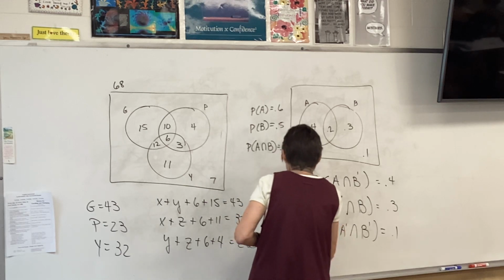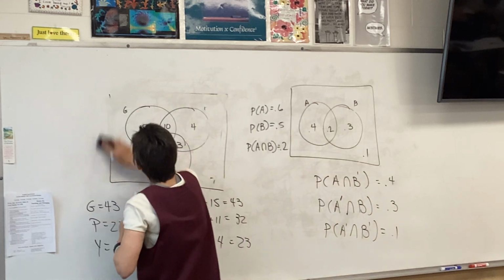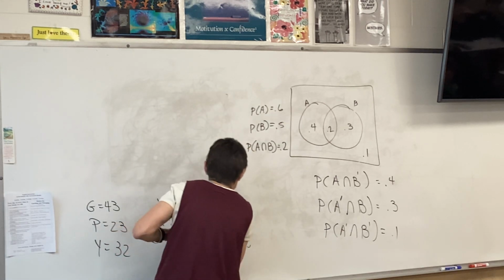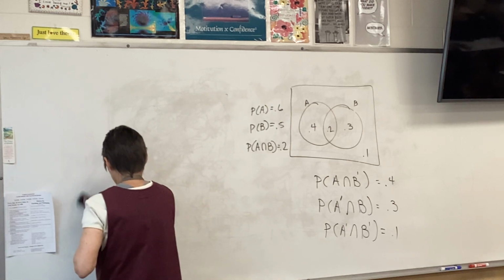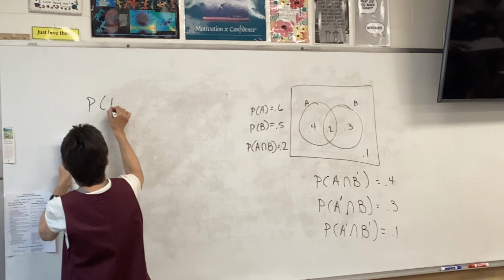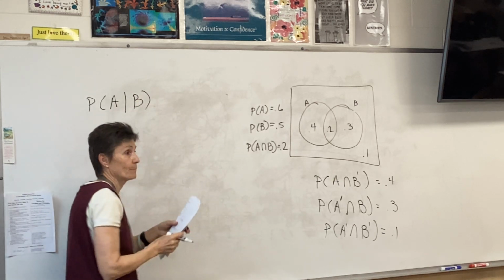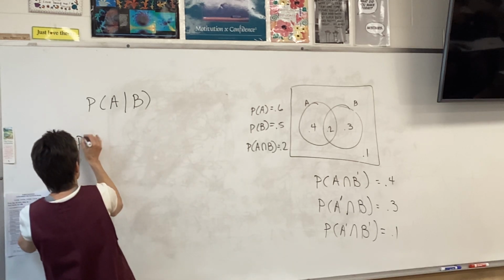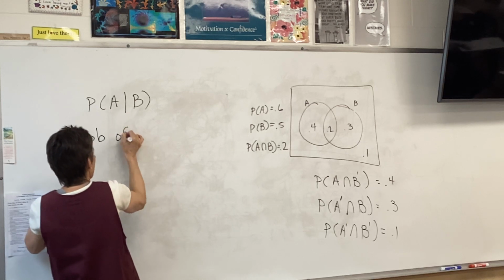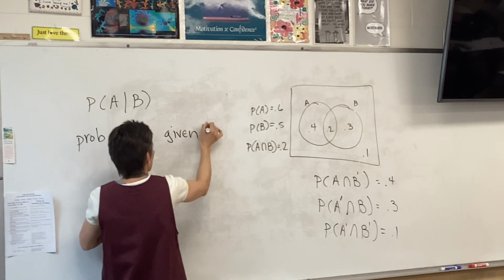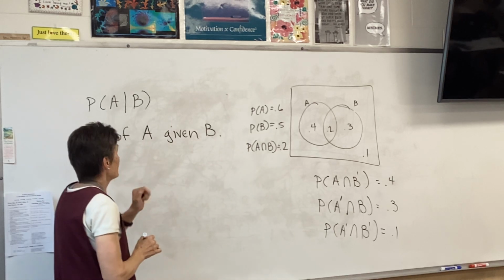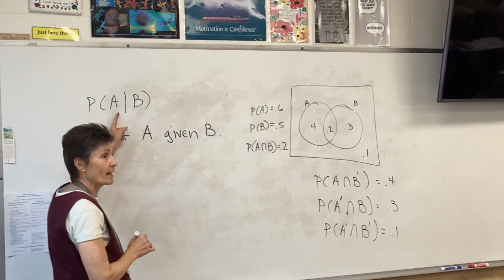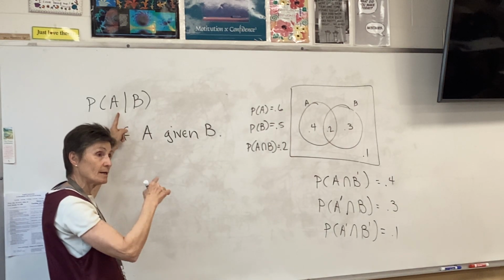And the last one, another new notation, says what is the probability of A given B. So this is like red given. So this says what's the probability I like apples given I like bananas.